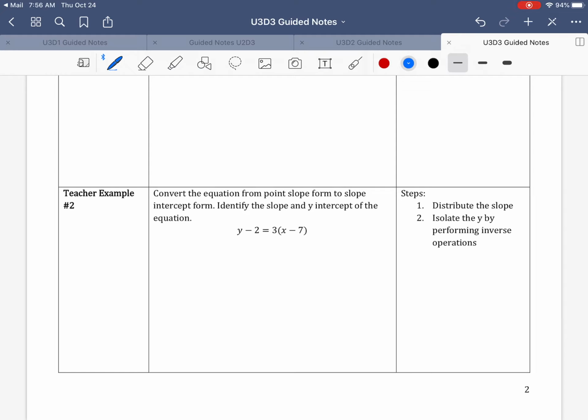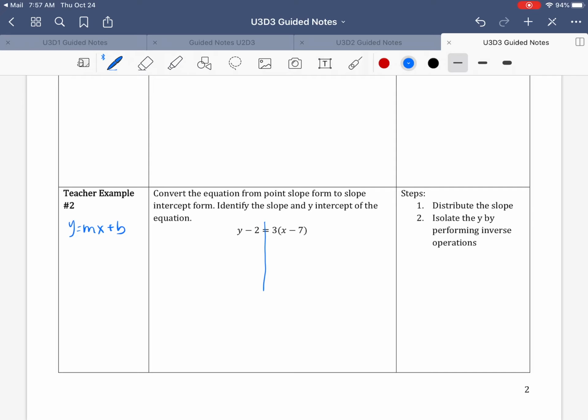The second teacher example asks you to convert the equation from point-slope form to slope-intercept form, and then to identify the slope and y-intercept of the equation. So again, here we're trying to convert it into y equals mx plus b form, where y is completely isolated. But here we have these parentheses that we really need to get rid of first.